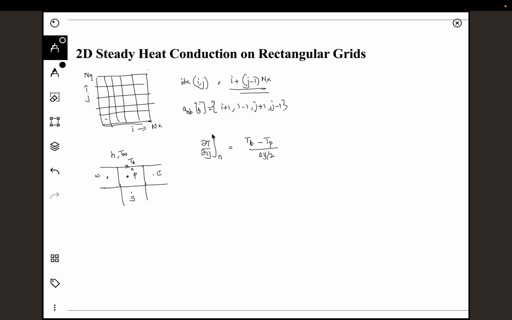Now we know Q is minus K times del T del y at the boundary face, and this Q is given by H times (TB minus T infinity). Now we can club these two equations, so that gives (TB minus T infinity) by K is (TP minus TB) by delta y by 2.